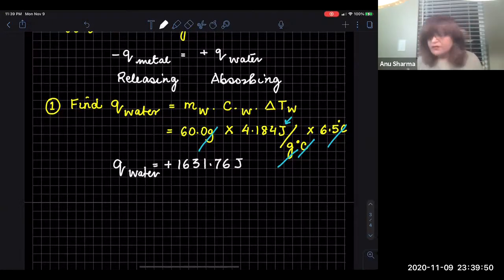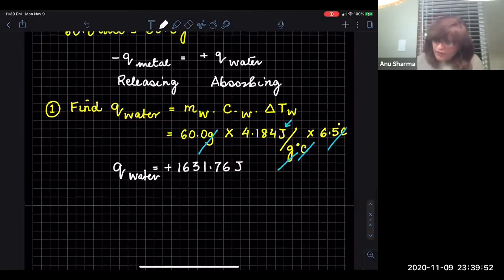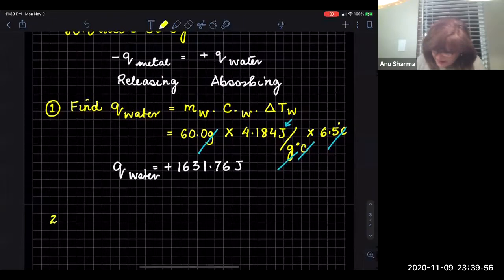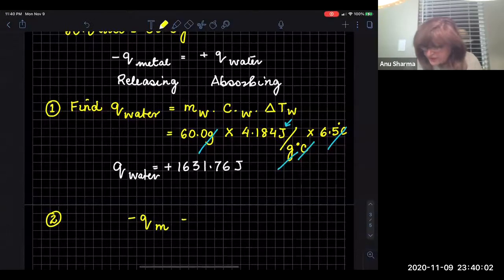Okay, first do that. Now go to the second step. The second step is that we know the Q of metal, because the metal released that heat, is equal to negative Q for water.